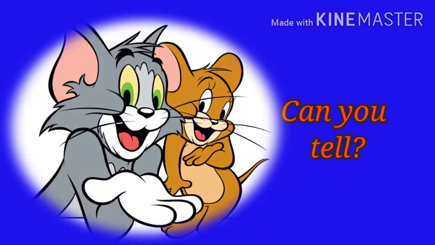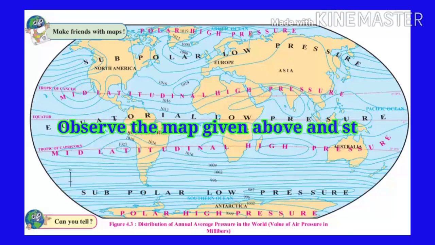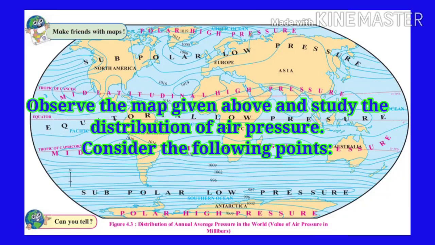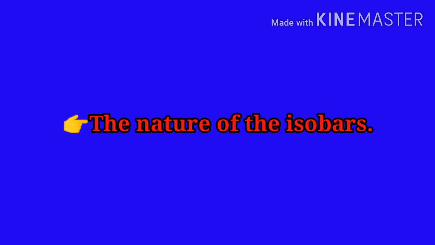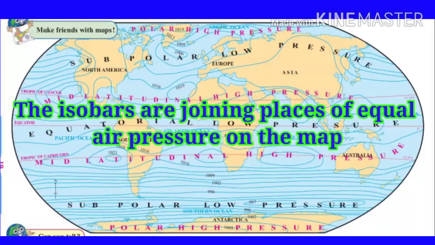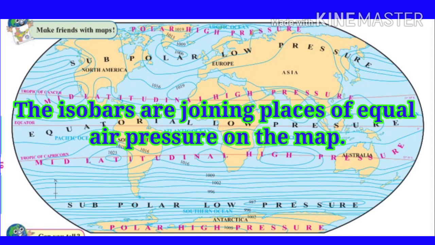Can you tell? Observe the map given above and study the distribution of air pressure. Consider the following points. The nature of the isobars. The isobars are joining places of equal air pressure on the map.